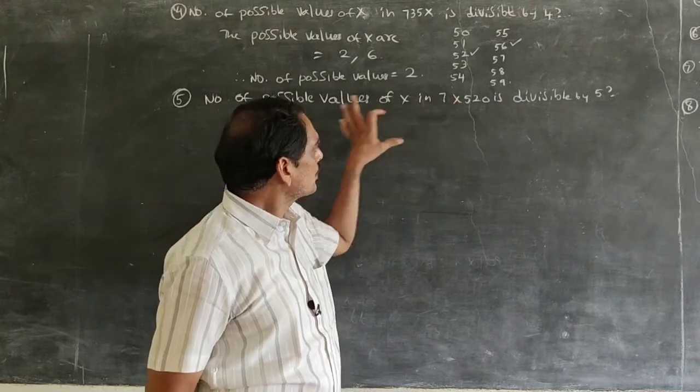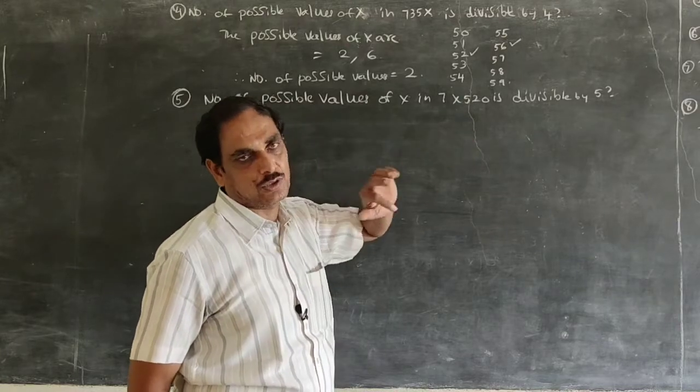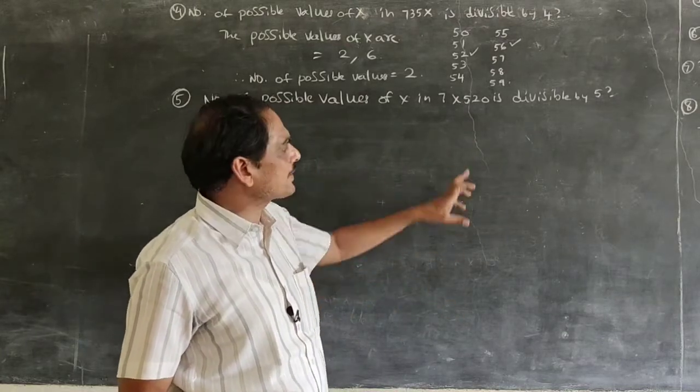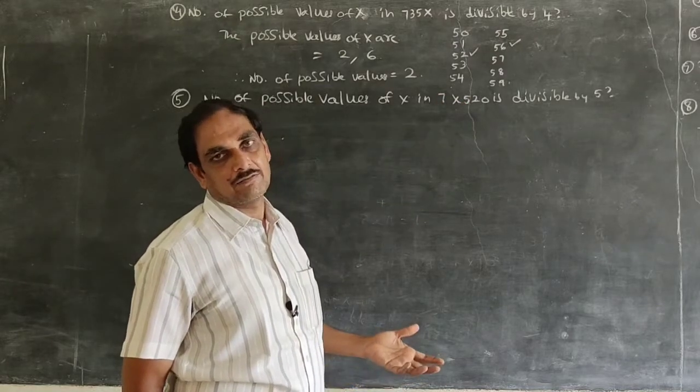But now in this problem we are going to find the number of possible values of x. So we can substitute any value of x from 0 to 9, and this number is divisible by 5.